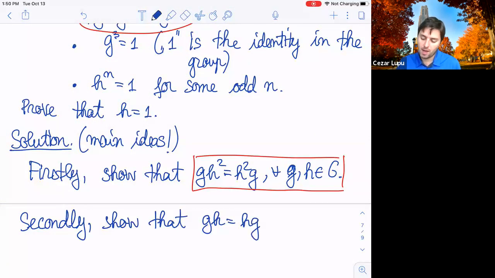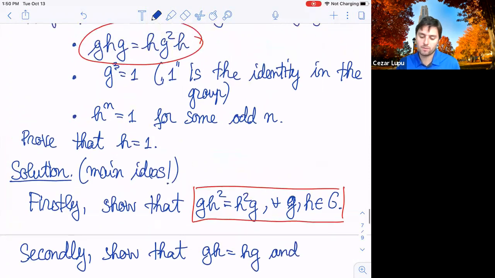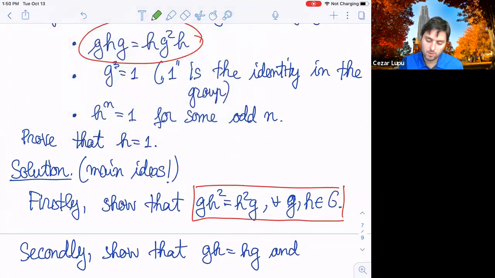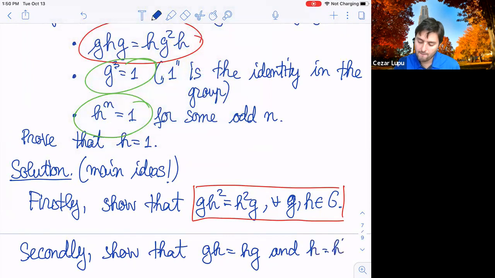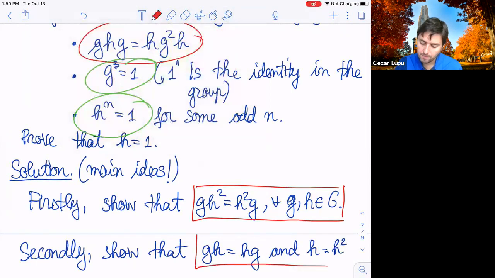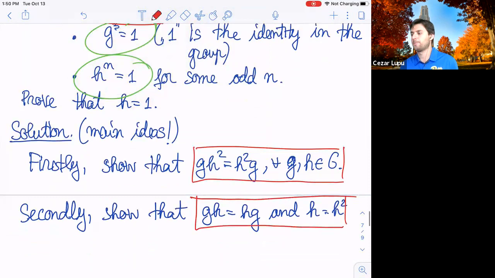And also by using the third condition, a combination of all these three together, once you use also this and this, you can show that H equals H squared. Once you show this, then you can conclude that H is nothing else than just the identity.